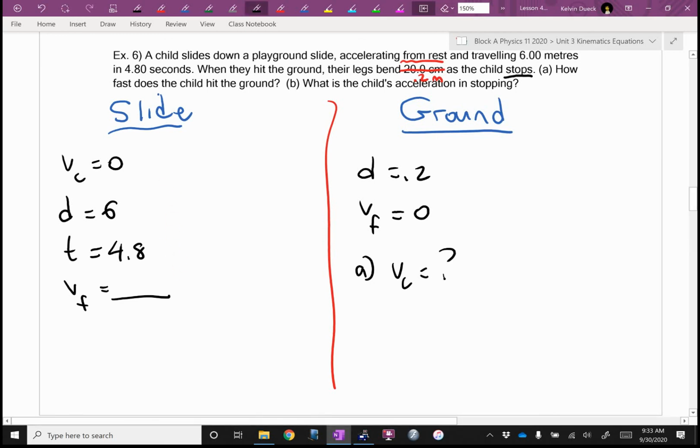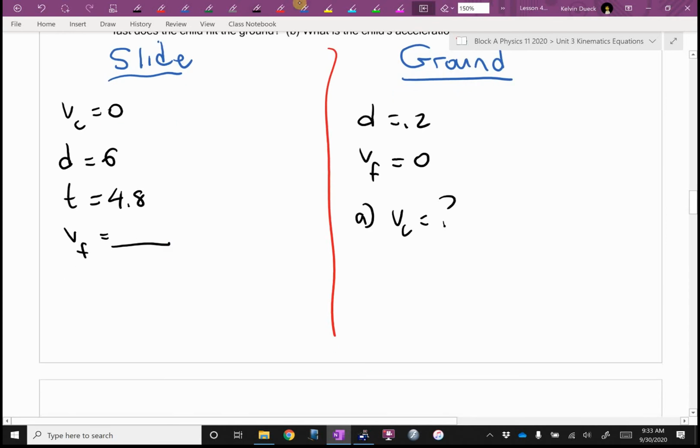Which equation? I've got a VI, a D, a T, and a VF. Get the VF by itself. The D is going to drop down like a domino. 2D over T minus VI equals VF.